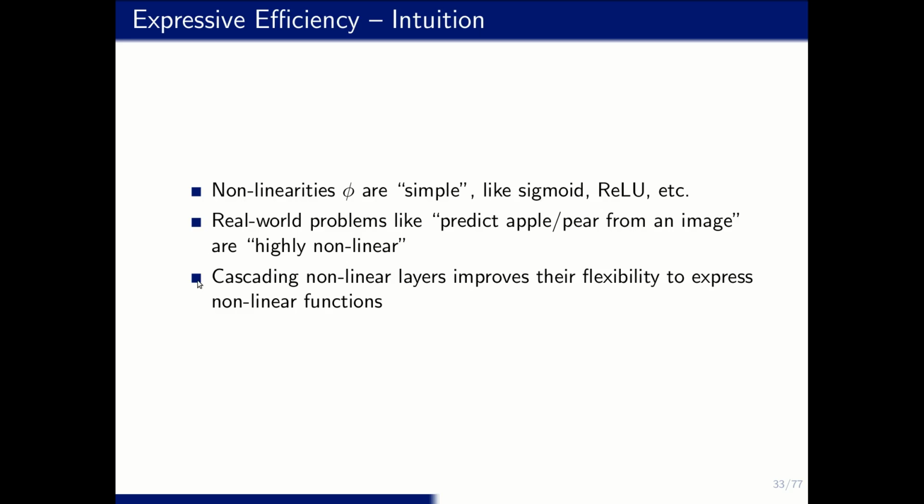But if you cascade many layers, so if you have the pixels and you transform them into a layer of nonlinear features, but then you take these nonlinear features and again transform them into nonlinear features, and then again transform them, then you can imagine that even if these features are simple, by cascading these simple nonlinearities, you can actually get pretty complicated, highly nonlinear functions. So this is just an intuition for why deeper neural networks can express highly nonlinear functions more efficiently.